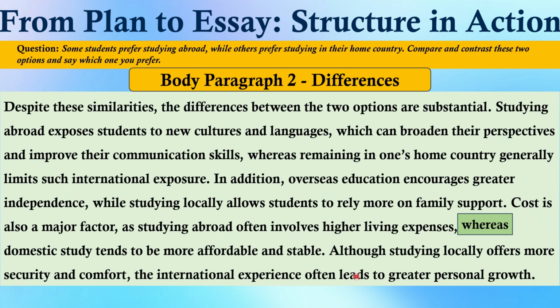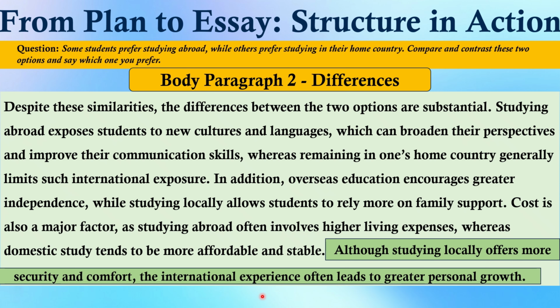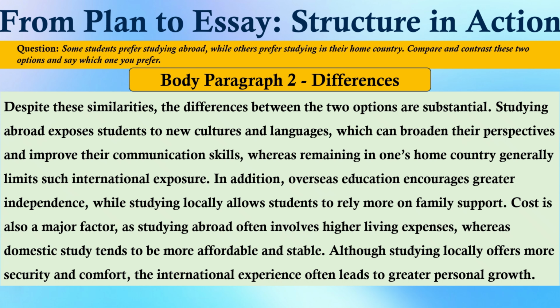Although the paragraph is about differences, the comparison is still active at the sentence level. Finally, look at the closing sentence. Although studying locally offers more security and comfort, the international experience often leads to greater personal growth. This sentence reinforces the writer's overall preference.